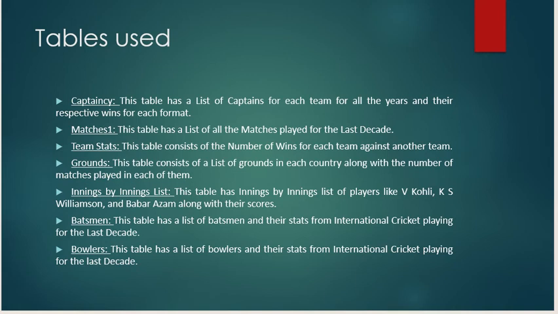Grounds contains the list of the cricket grounds in various countries. Innings by innings list consists of the information about the innings played by the top batsmen, and finally the batsmen and bowlers table consists of the list of batsmen and bowlers in international cricket.